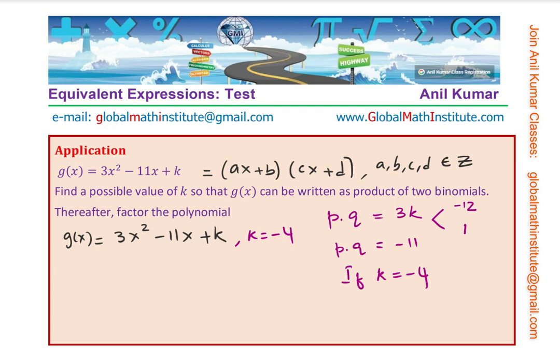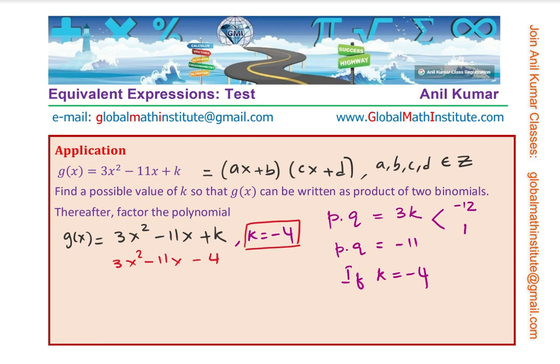Now let us see how we factor. You get the idea, right? So we have the answer here, but the thing is the concept, right? Let's factor this. We have 3x squared minus 11x minus 4. We're looking for product and sum, right? Which is minus 12.